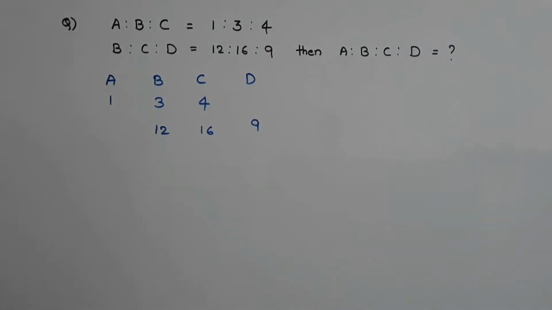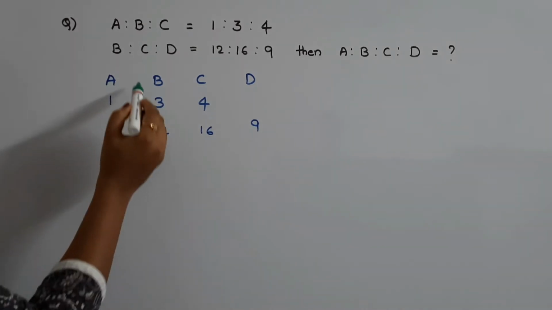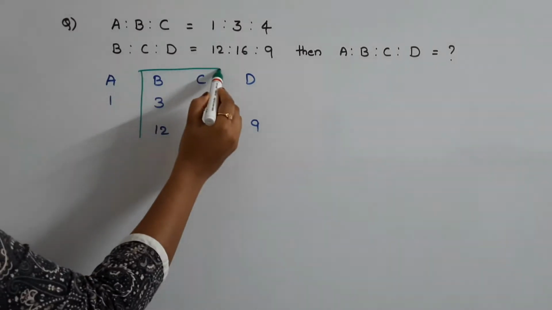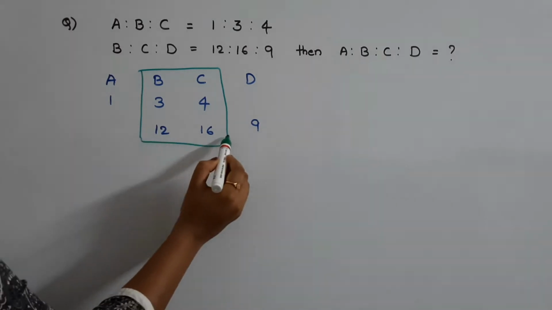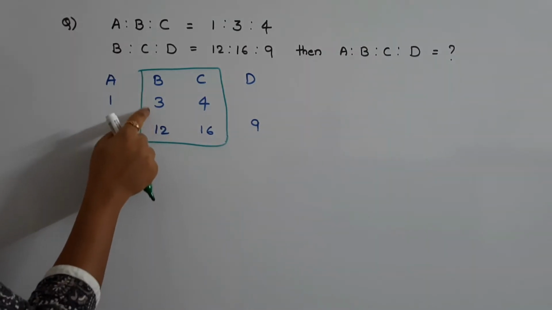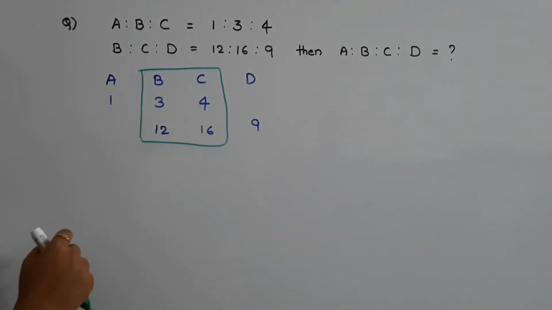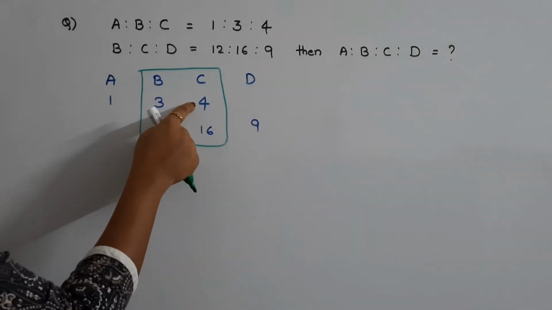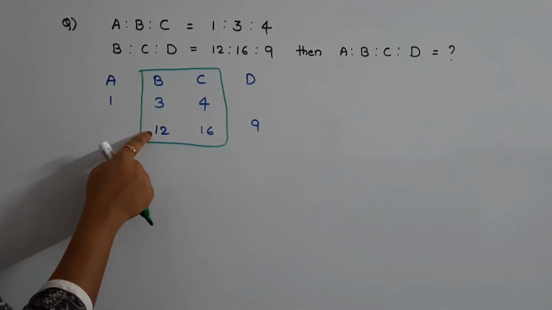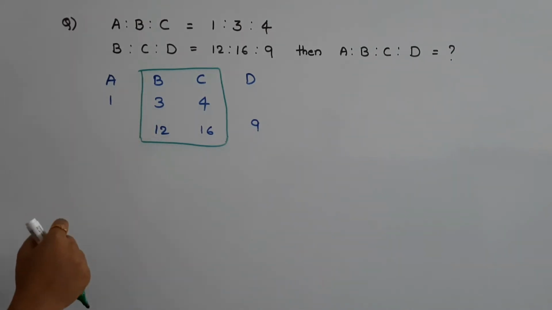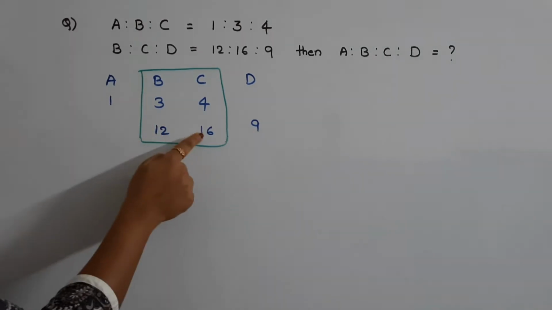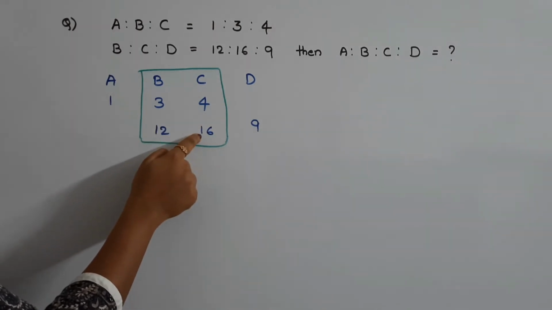Now what you need to do is make the middle values the same. That is, the values of B should be the same and also the values of C should be the same. If here it is 16, here also it should be 16. If here it is 12, here also it should be 12. So how can we first make this value the same as that value?